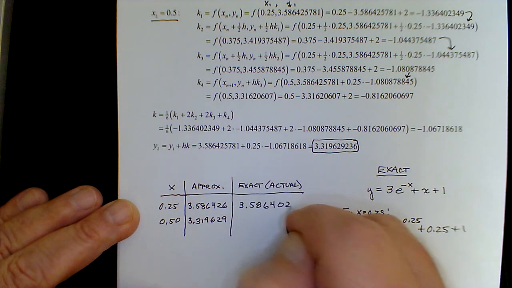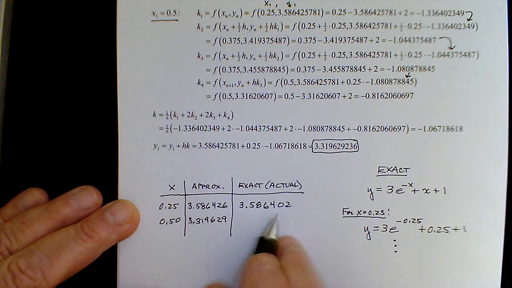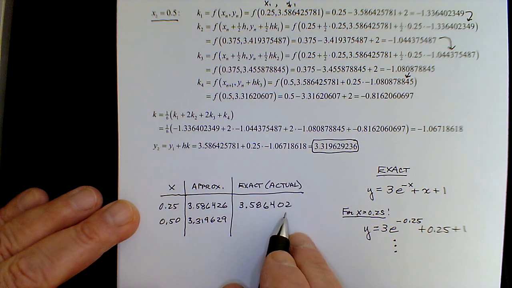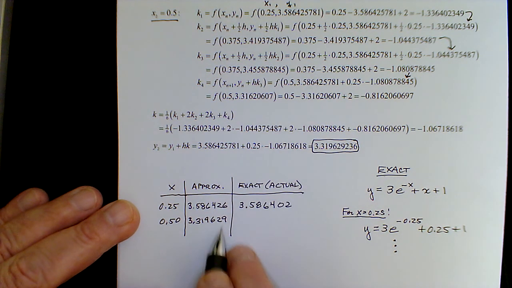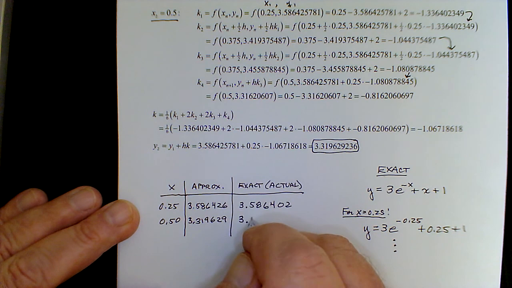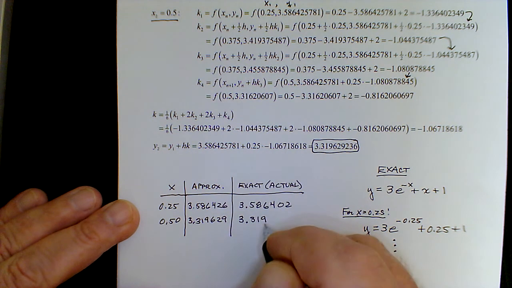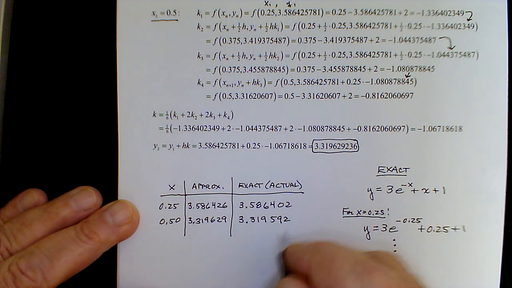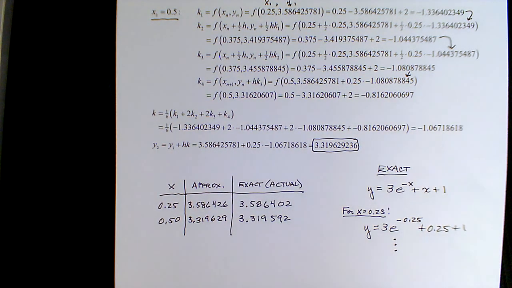So you can see it's really close right away with even a bigger step size than the improved Euler. We got a much, much better approximation right away. And then the exact for this 0.5 value, again just plug in a 0.5 instead of a 0.25, you get 3.319592. And again, a really good approximation, and the cumulative error didn't really increase dramatically.